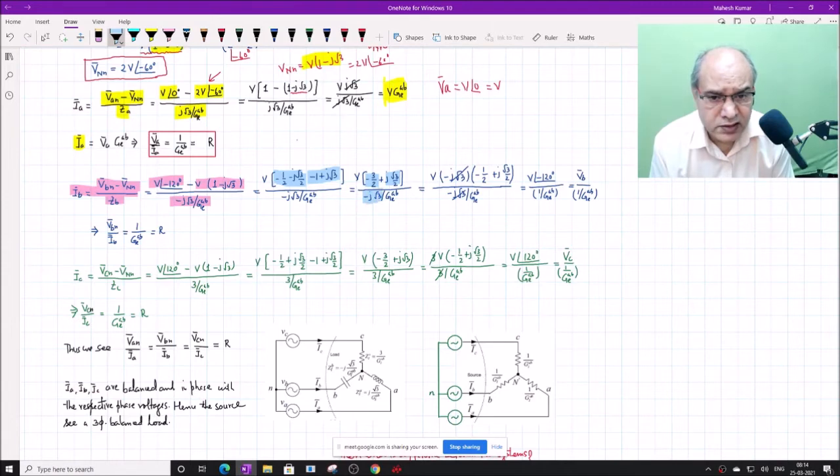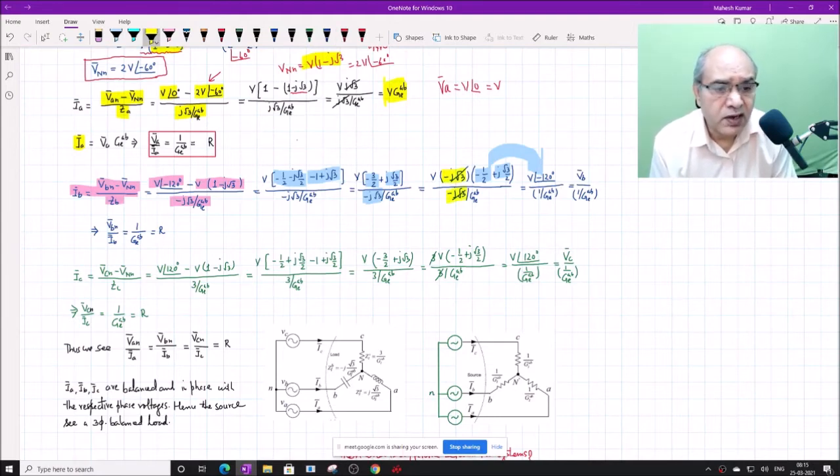Because I want to cancel this and make a real term in the denominator. So I will take intentionally minus j root 3 as a common. Then you will get minus half here and plus j root 3 by 2 here. What is this thing? This is angle of 120 degrees. So this is nothing but this thing. And this minus j root 3 will go away with this minus j root 3.